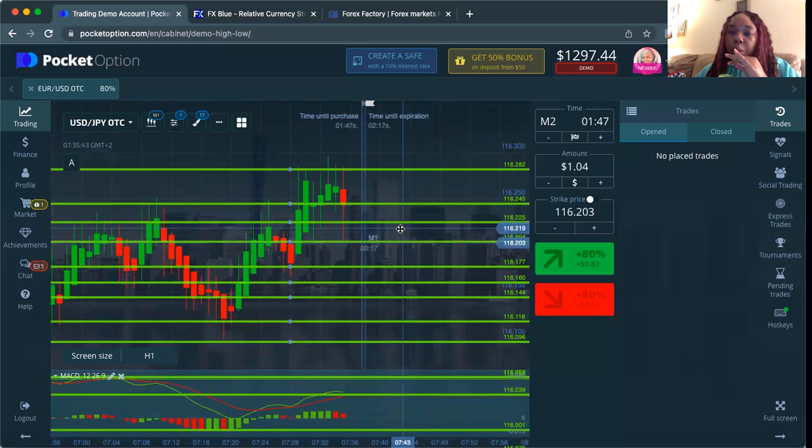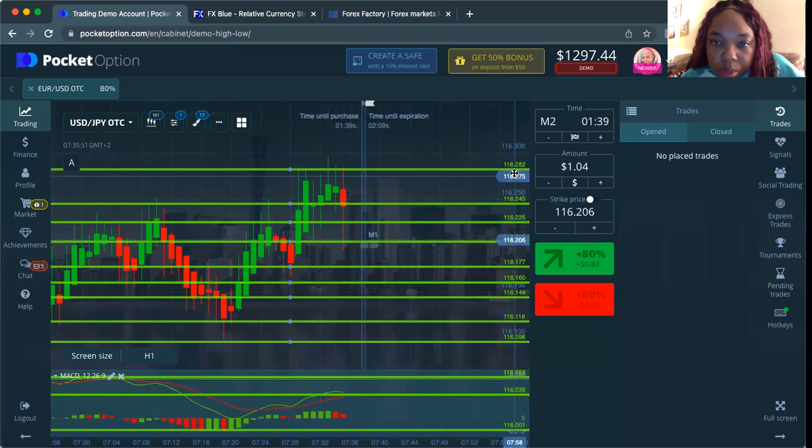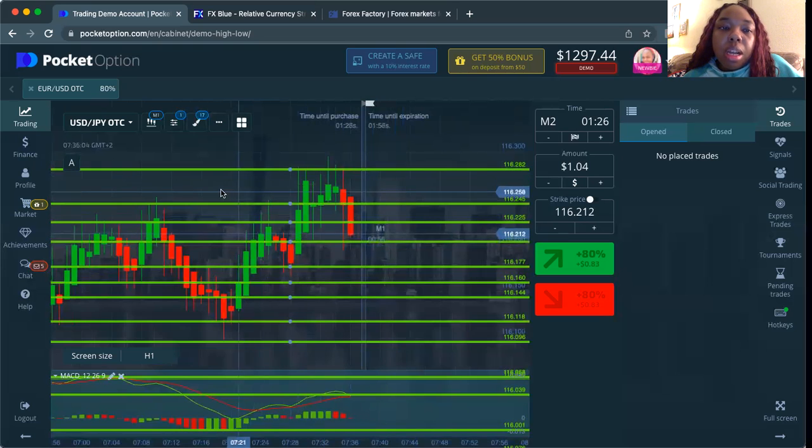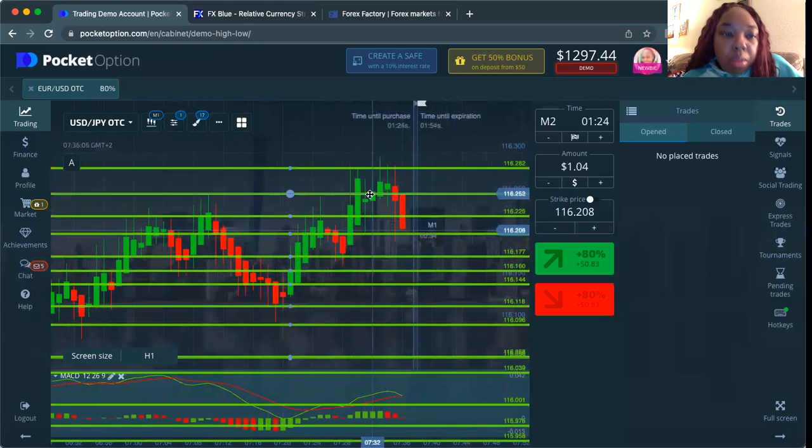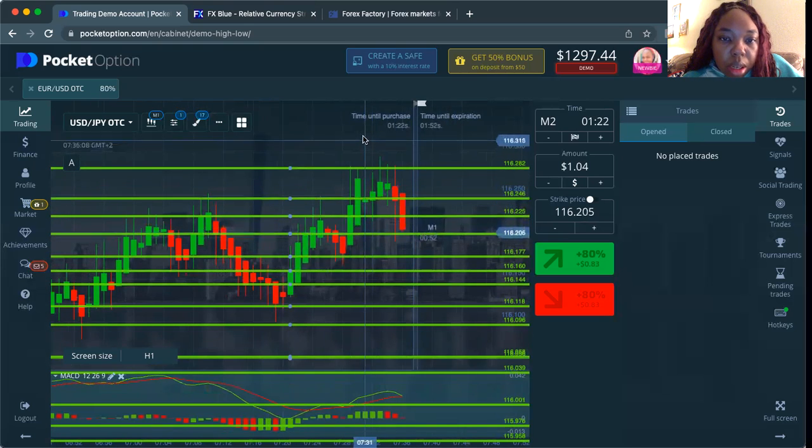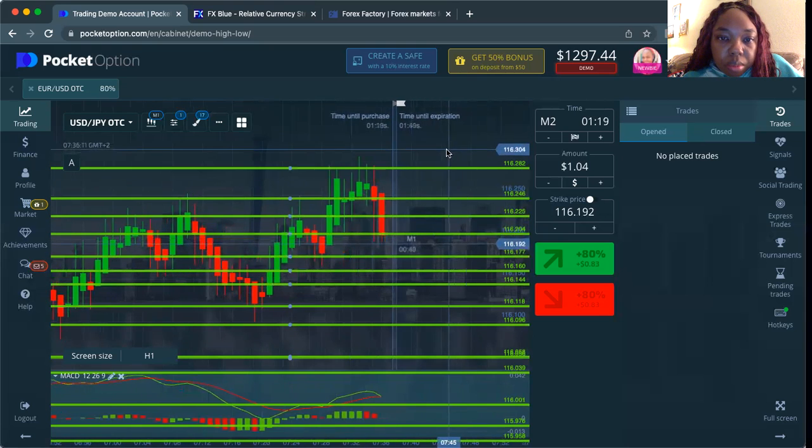So if you see that I marked key areas, you see here, I chose this area, 116.282, because this is where price literally has hit. Okay, if you see the wicks, it hit here 1, 2, 3, 4, 5. So it hit 5 times in this area. So this area is considered an important area.